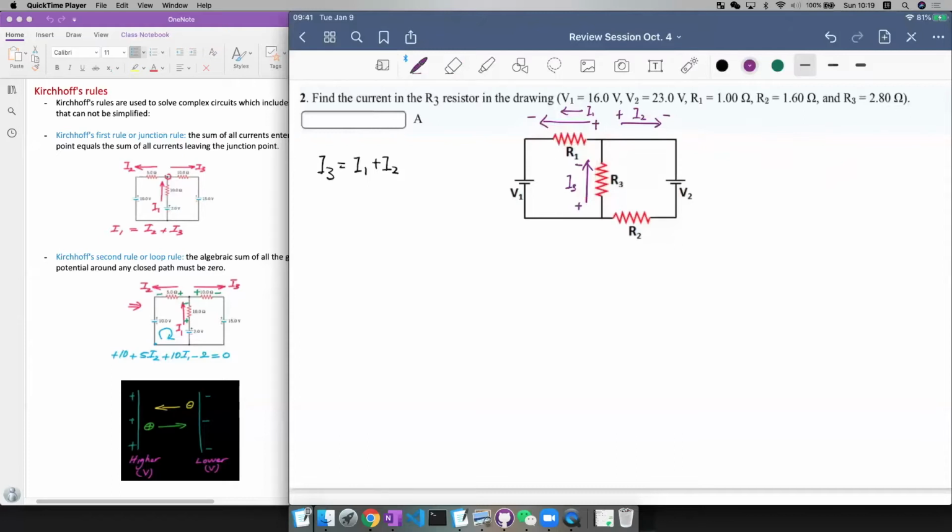So then we look at rule 2. We need to have 2 closed paths. Usually I would just choose these 2 to be clockwise, but it still doesn't matter. You could choose counterclockwise or clockwise, and they could all have the same direction or different directions.